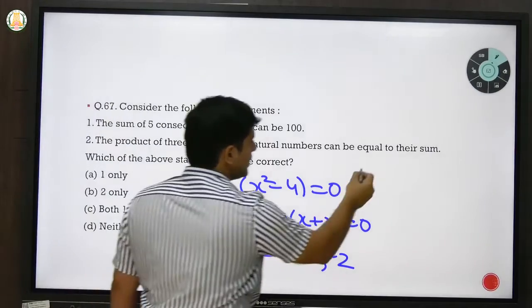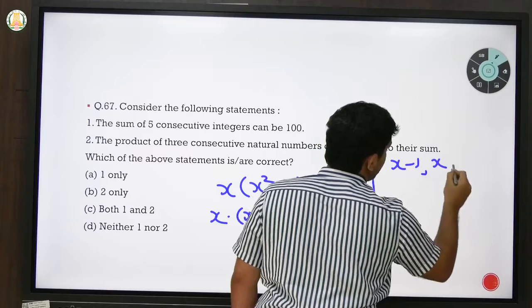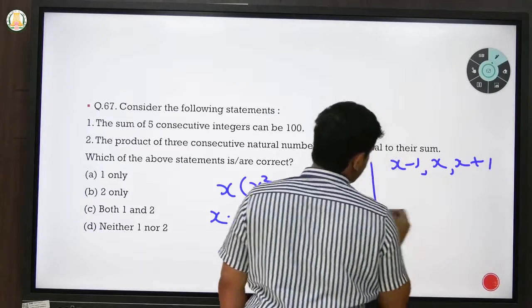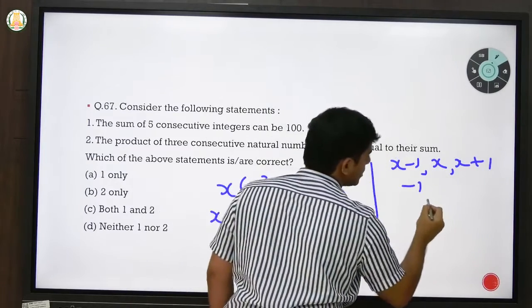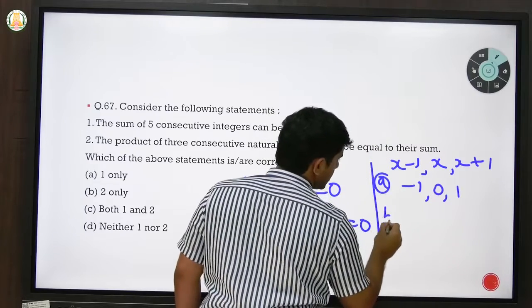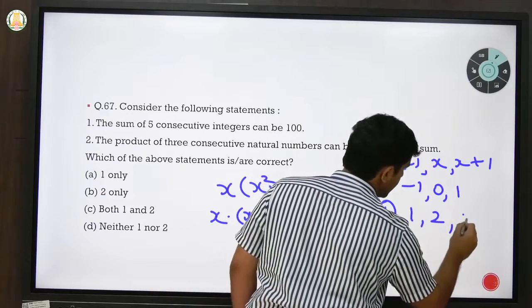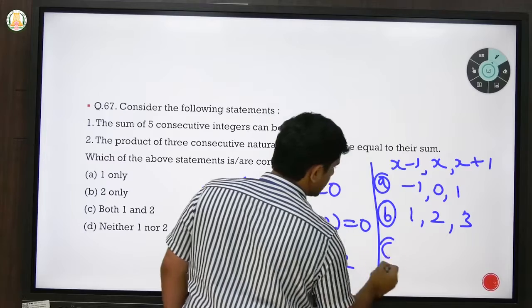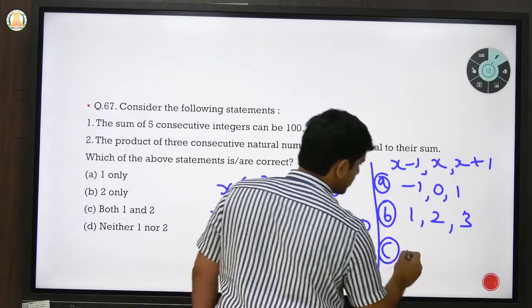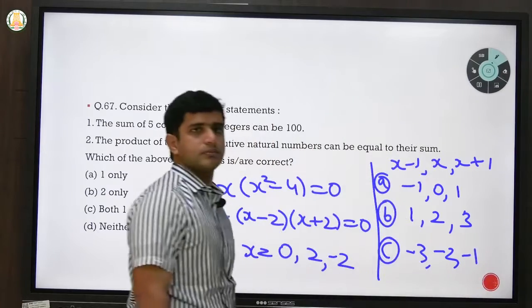So that means your 3 sets will be, when you say x minus 1, x and x plus 1: when x is 0, this will be minus 1, 0, 1. This is the first case. Second case, when x is 2, this will be 1, 2, 3. Third case, when x is minus 2, this will be minus 3, minus 2 and minus 1.